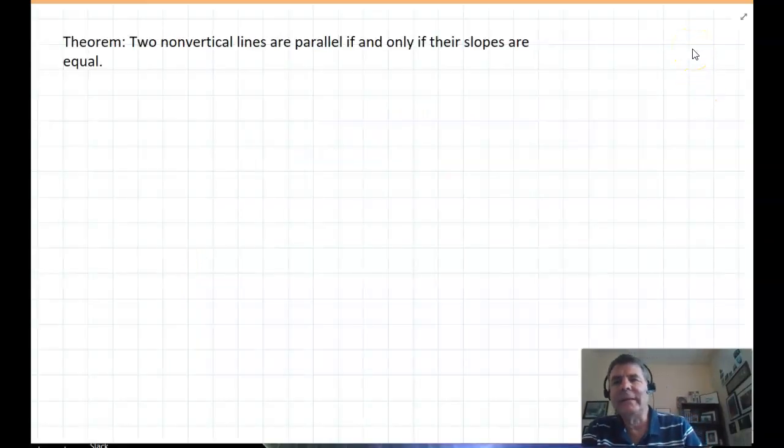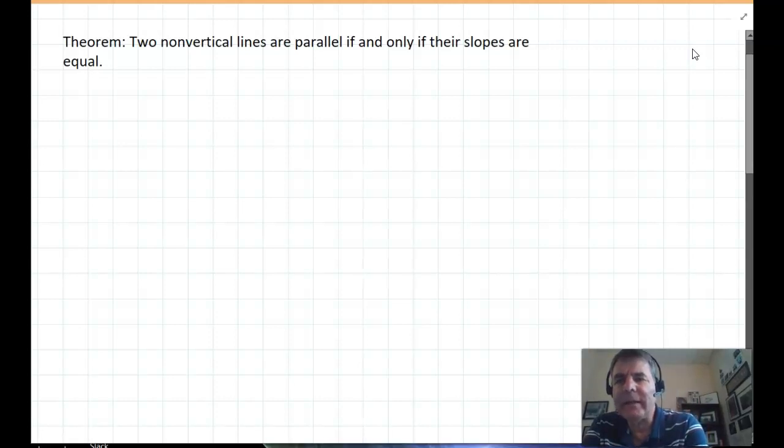So now let's see how slope applies to parallel lines and perpendicular lines. Well, 2 non-vertical lines are parallel if and only if their slopes are equal. So the line going through these 2 points has a rise of 3 and a run of 5.